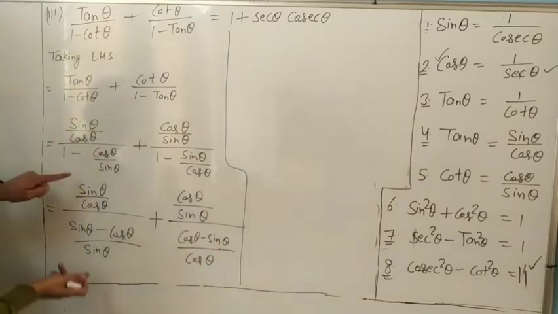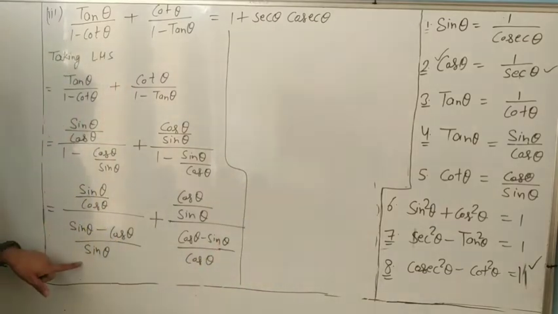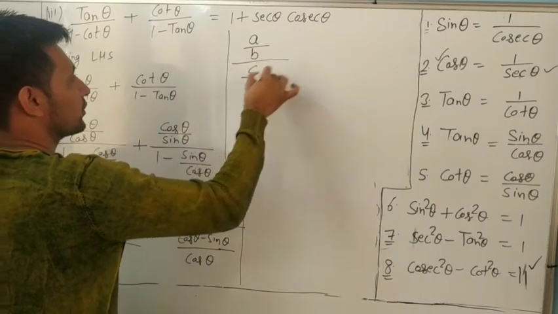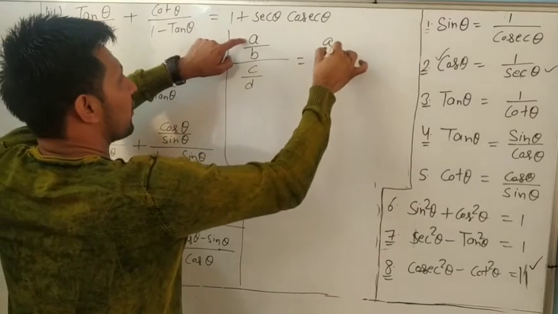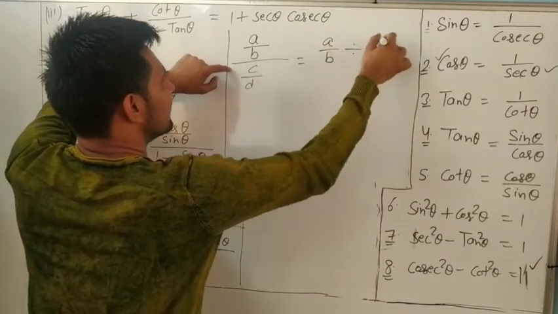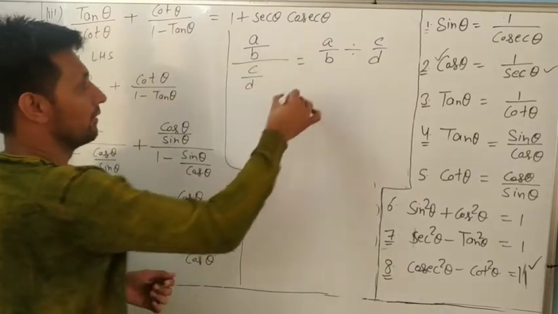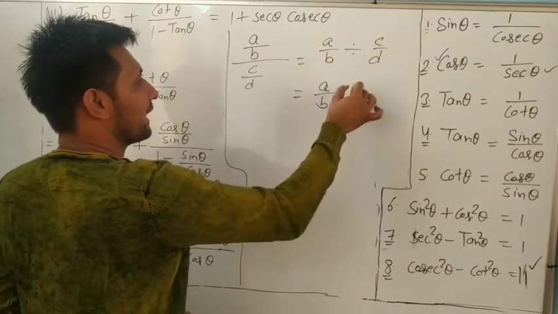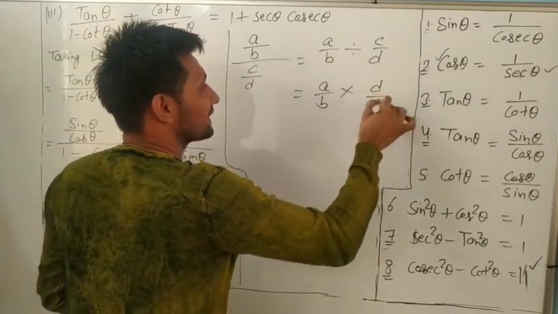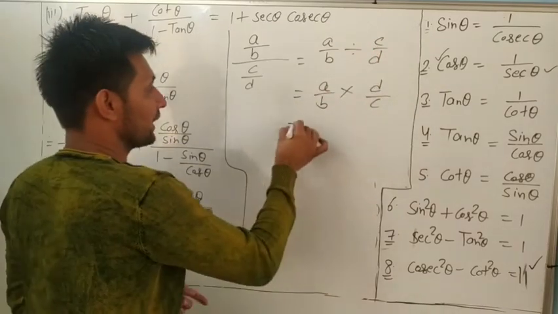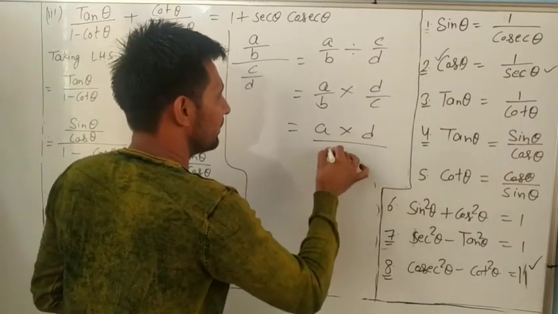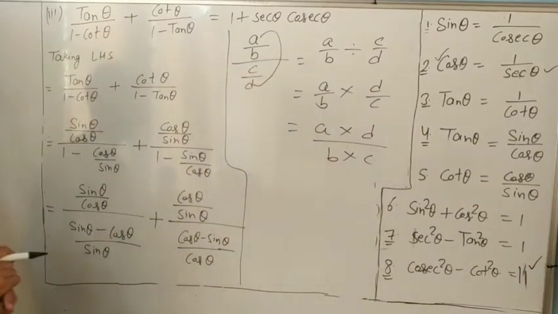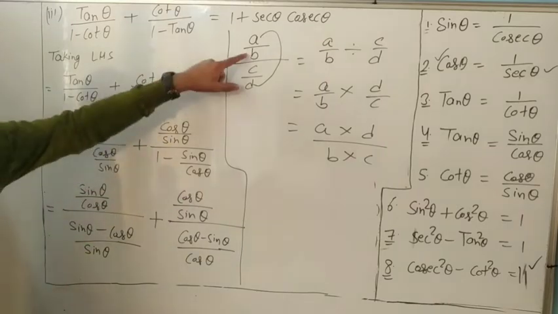And how to solve it? Do you remember? Suppose it is a by b divided by c upon d. Whenever we change divide into multiplication, we take the reciprocal of the second. So it is a into d, b into c: first and fourth, second and third.